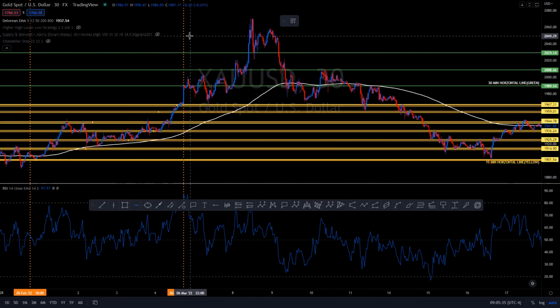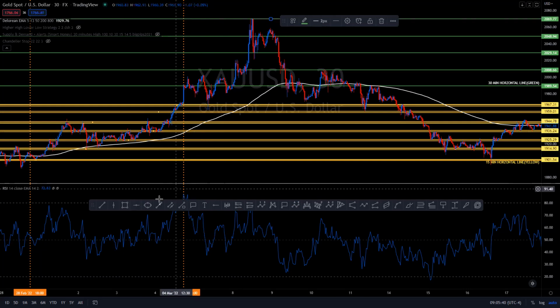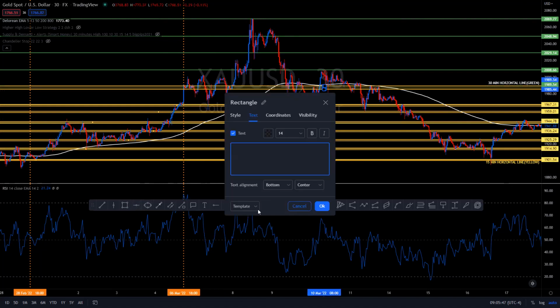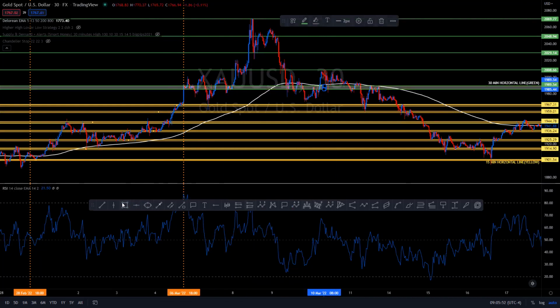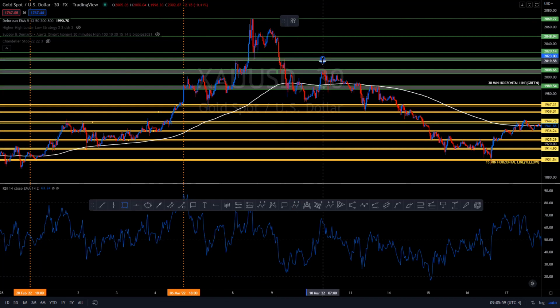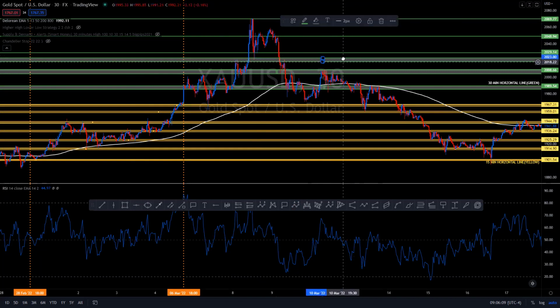You know, just marking up key levels. These are the key levels that we are looking for. Oh, messed up. Put this up to here.